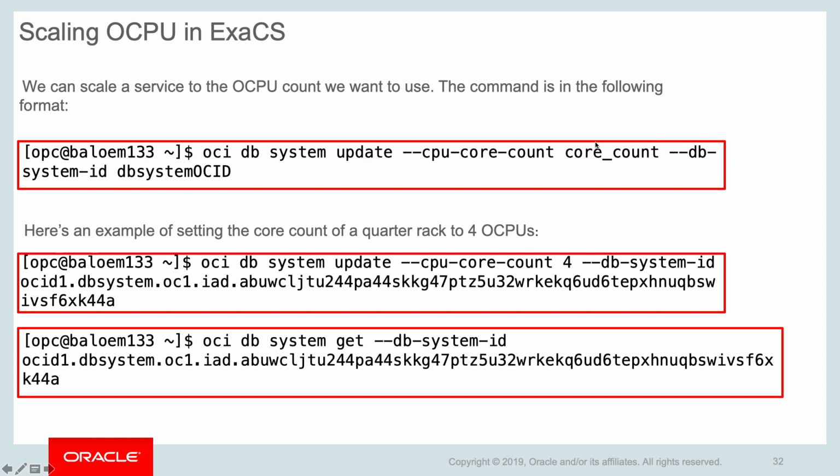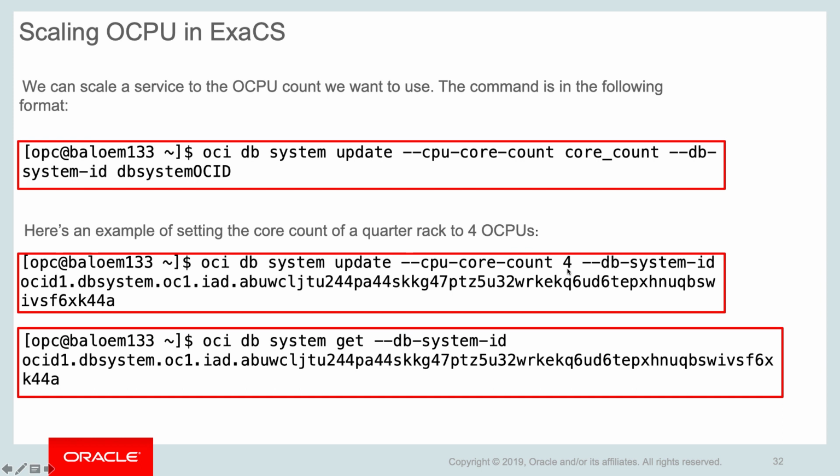ExaCS, as I said, supports basically 0 to 92, even in a quarter rack, right? So if you want to set it to 2 or 4 or 16, you can do that, or you can go up, or you can come down. You can make the count 0, which will shut down the database. This example is setting the CPU core count to 4.